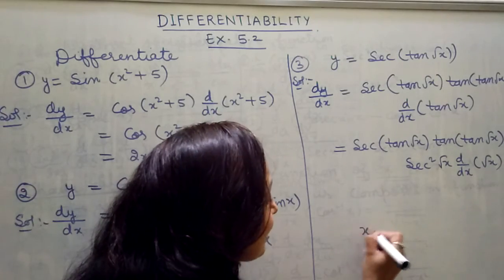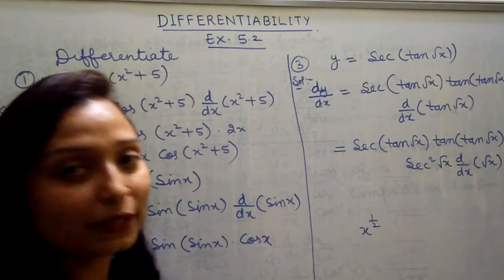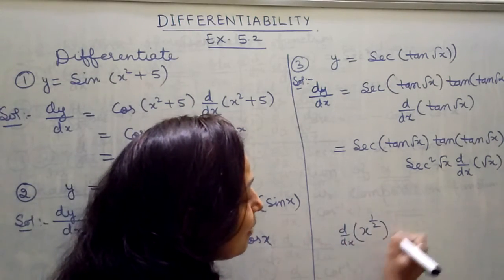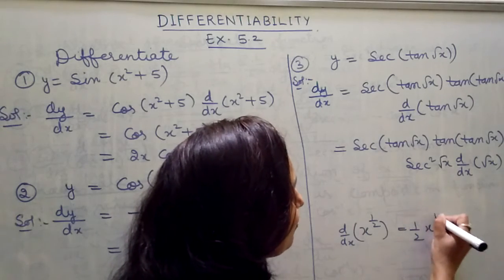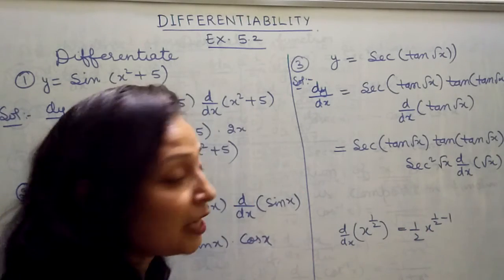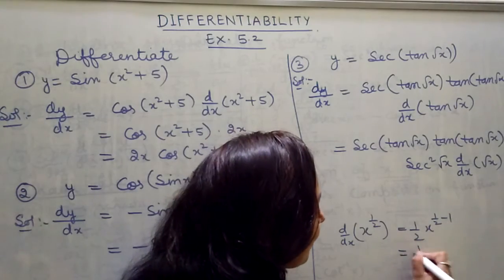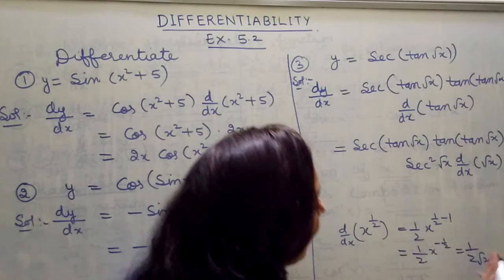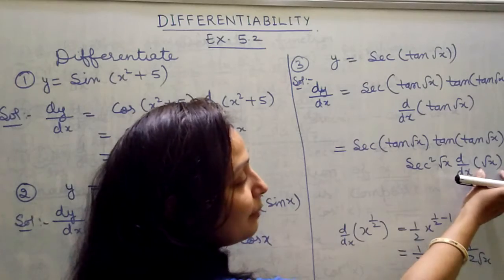Now root x means x raised to power 1 by 2, right? When you take the derivative of this function, 1 by 2 comes in front, x raised to power 1 by 2 minus 1. When you take the LCM, it becomes x raised to power negative 1 by 2, that means 1 upon 2 root x. So I will write this derivative in this place.